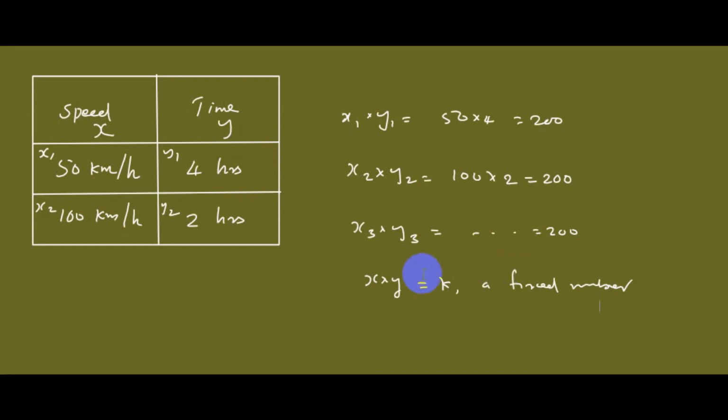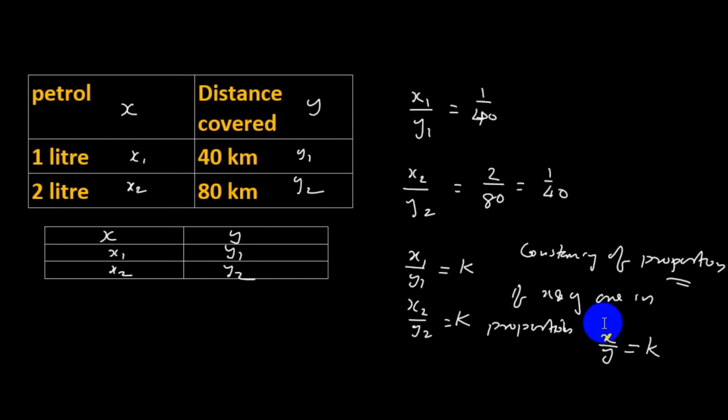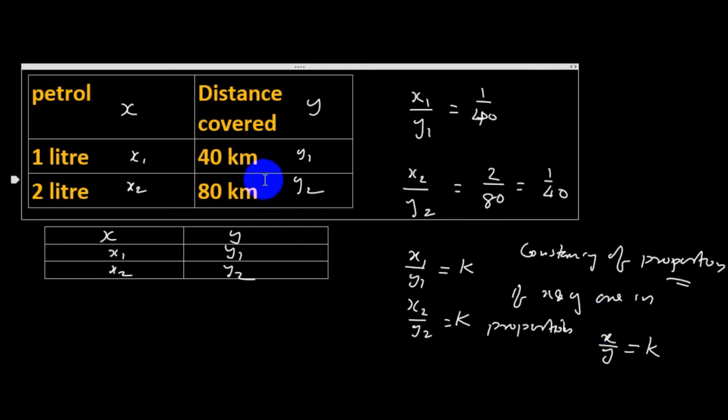We have seen that if two quantities x and y are in direct proportion, or simply in proportion, the change is in the same direction.